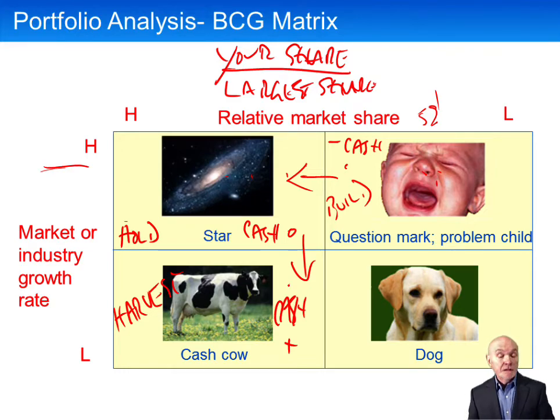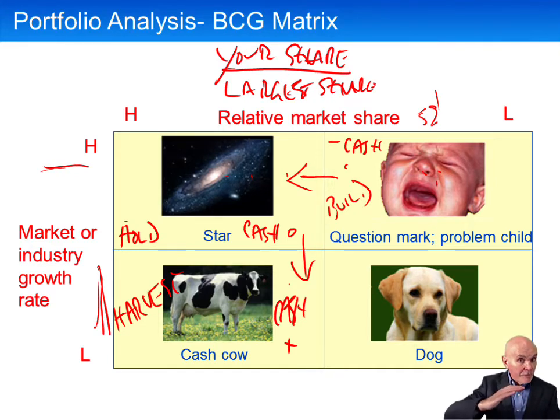It becomes a positive cash flow because down here, when you have got low industry growth rate, people see this as an old product. It's maybe begun to decline, or the next phase is going to be decline, and nobody's going to make a concerted effort to get into that. So they leave you on your own to enjoy this little product, which they believe is on its way out. Here, what you need to do is to make sure you get the harvest.